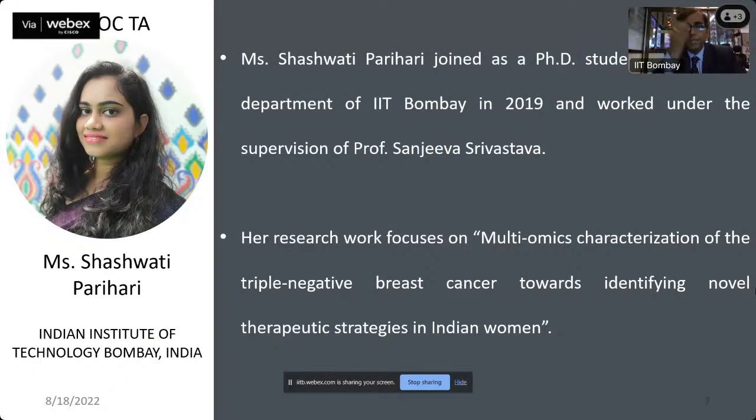So next is Shashwati. Shashwati is currently working on breast cancer proteomics, especially in collaboration with her co-guide from Tata Memorial Hospital, Dr. Sudeep Gupta. She's trying to look at triple negative breast cancer and identify potential proteomic markers and therapeutic strategies in Indian women.